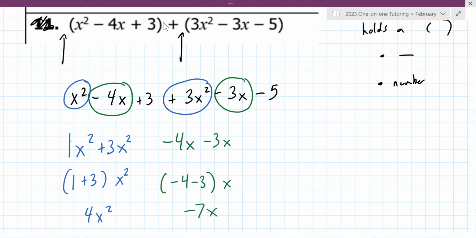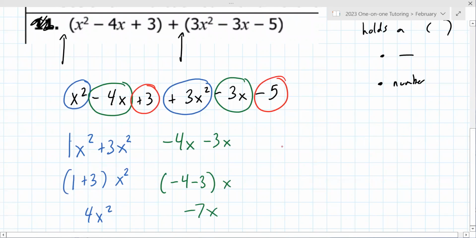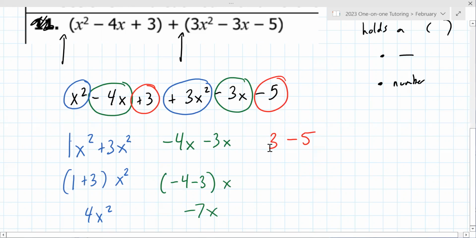And then the last one there is the plus 3 and the minus 5. Is it asking me? Is it 2? It's, I mean, you're close. Or is it going to be negative 8? Well, this one's positive, so one positive, one negative. It's going to be negative 8. It's negative 2. Isn't that?